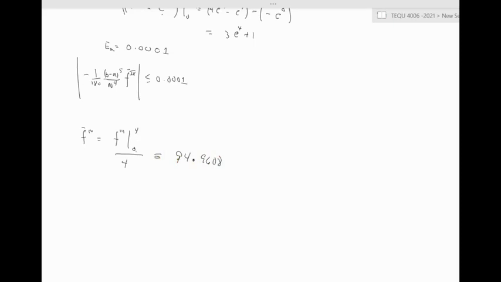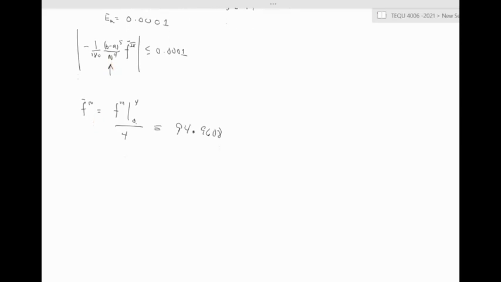So the only thing that we need now is to get our n value and that absolute value.